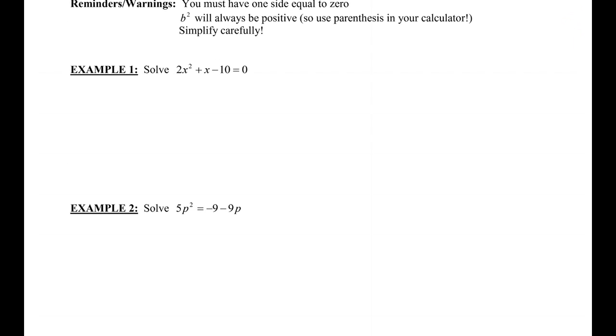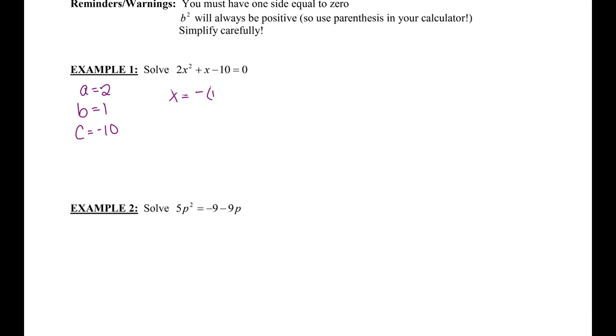The first thing we're checking is that one side is equal to 0, so I'm able to start. I'm going to identify my a value is 2, my b value is 1, and my c value is negative 10. And I'm going to go through and plug it into the formula.